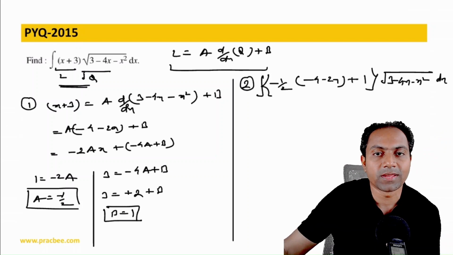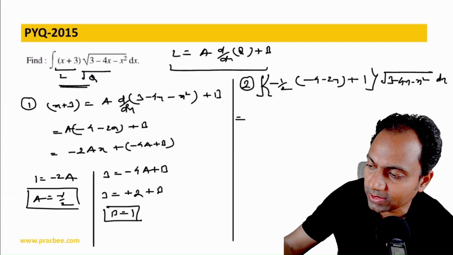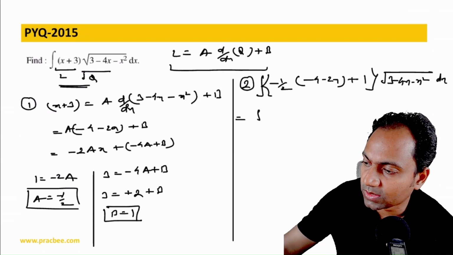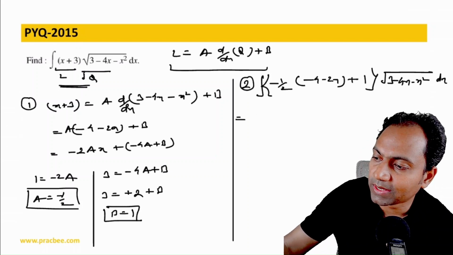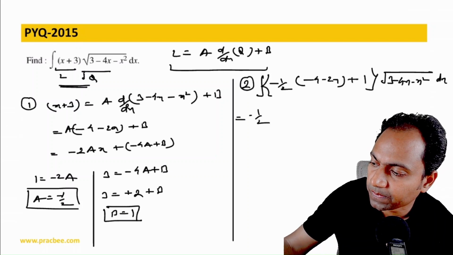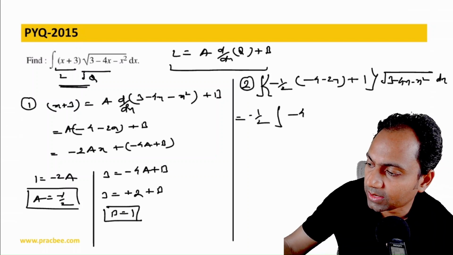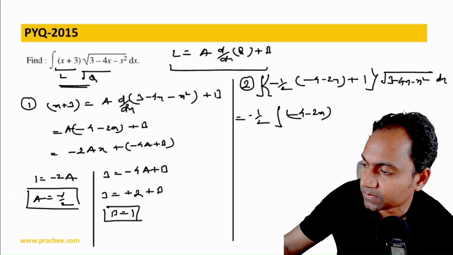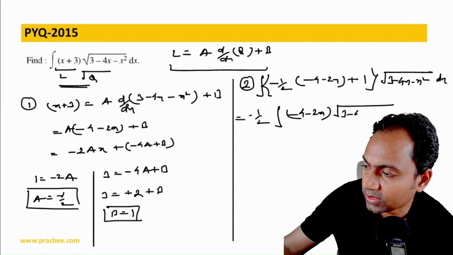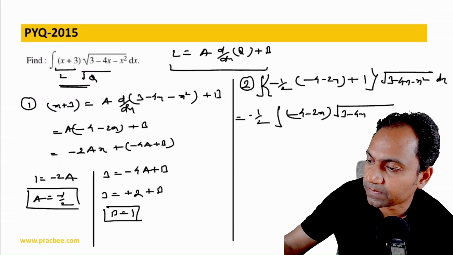So now what we can do after this step is we can split that into two integrals. The first one can be written as nothing but minus 1 by 2 integration of (minus 4 minus 2x) into root of 3 minus 4x minus x square.